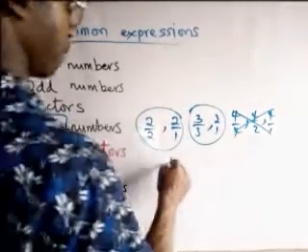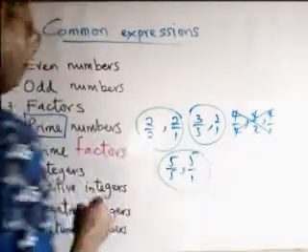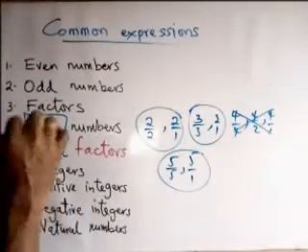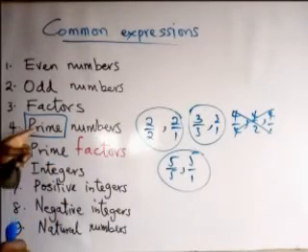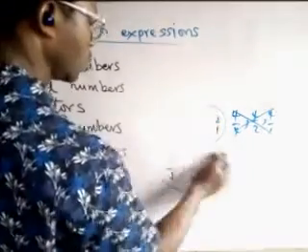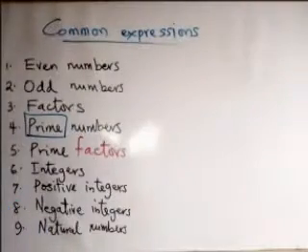If I pick 5, it's only 5 and 1 that can divide 5. So when a number can only be divided by itself and 1, you say the number is a prime number. If what can divide the number is more than 2 factors, then it is not a prime number.